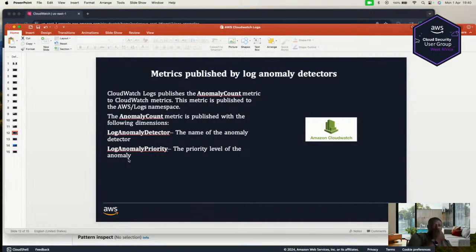So we proceed. Here, the log anomaly priority is one of the metrics that is actually published.